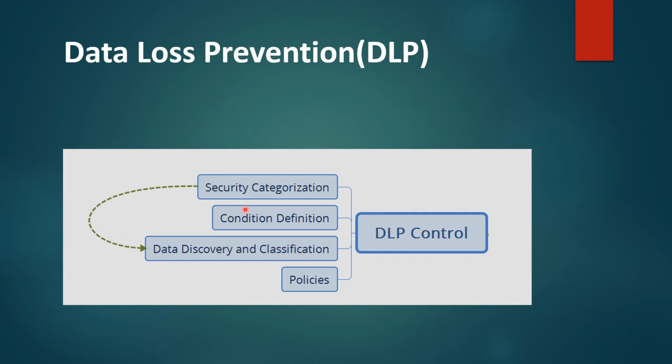With these two, you can apply or link the categorization to your existing data by the discovery and classification process. When that is done, there will be policy. Defined policy is a bunch of rules to define how you should handle each type of data, what would be the required control to apply. We'll come to the details in the following slides for each of the pillars here.